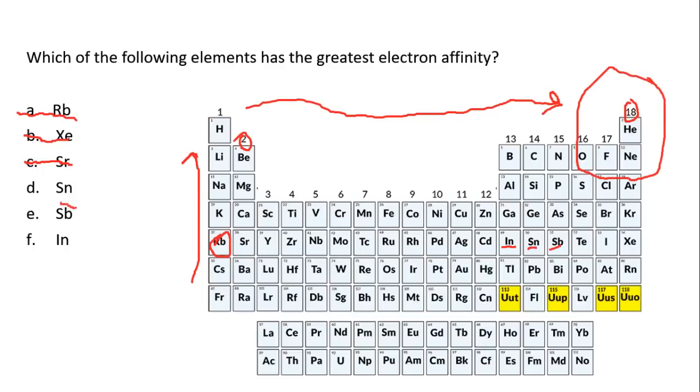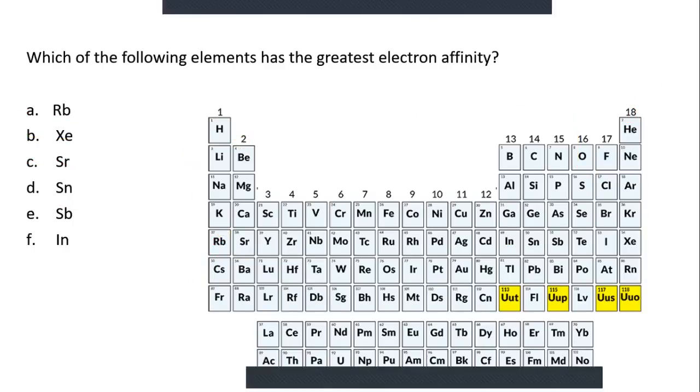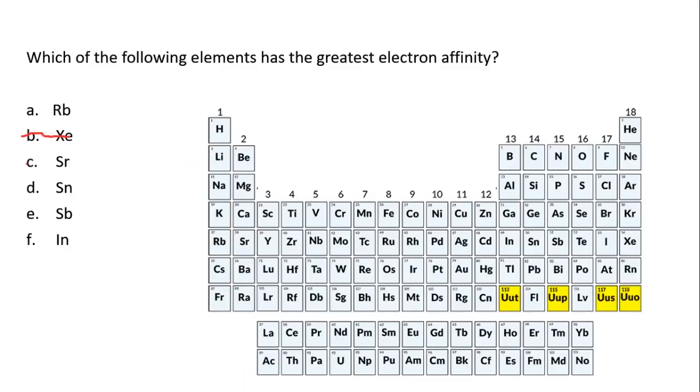So antimony you would think is the one with the higher electron affinity, but what did we just talk about? That's right, we talked about exceptions. So we had these marked. And so remember, group 4A has higher electron affinity than group 5A.